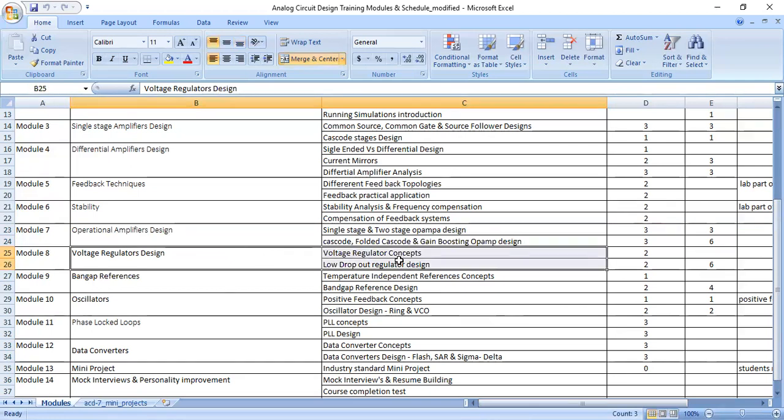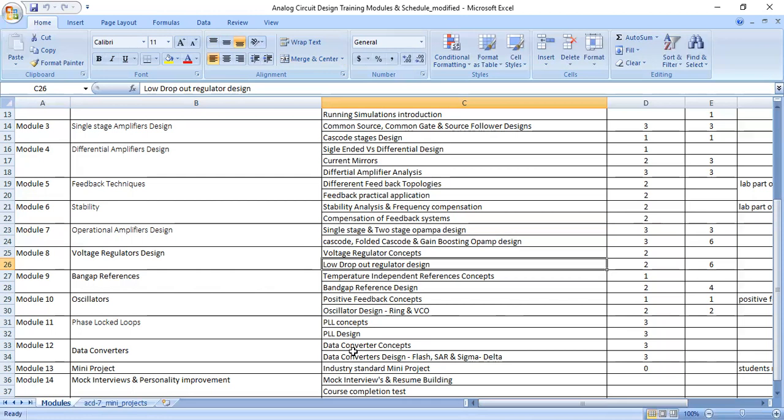Okay. So basically conceptualizing this voltage regulator design here, the design is a low dropout regulator, which is commonly used across all SoCs. When I say SoC, it's a system on chip. For example, your Qualcomm Snapdragon is a SoC, and Intel Core i3, Core i5, Core i7, these are SoCs.